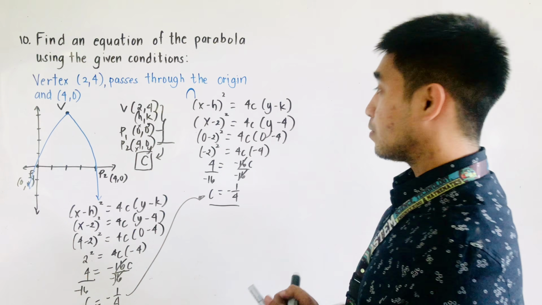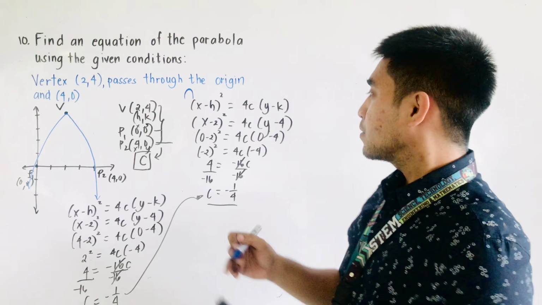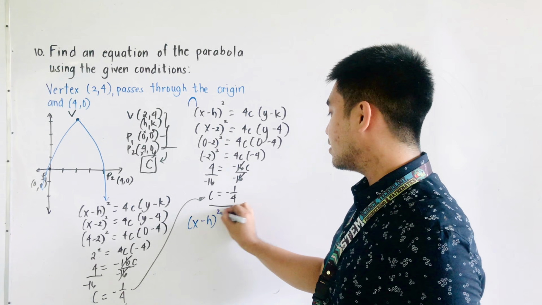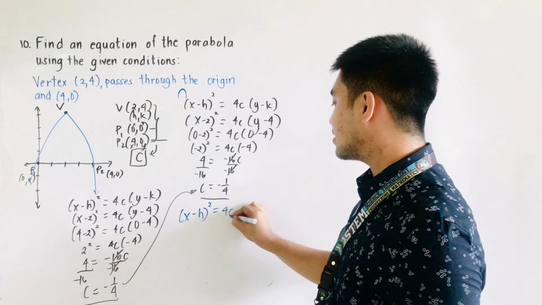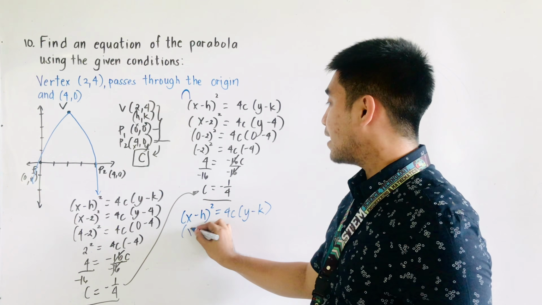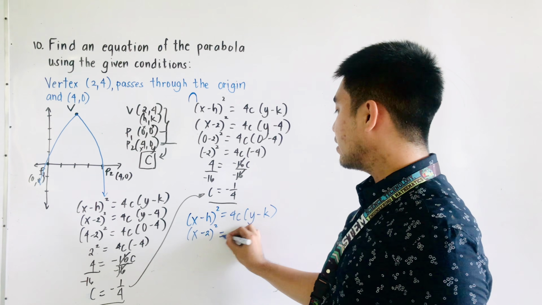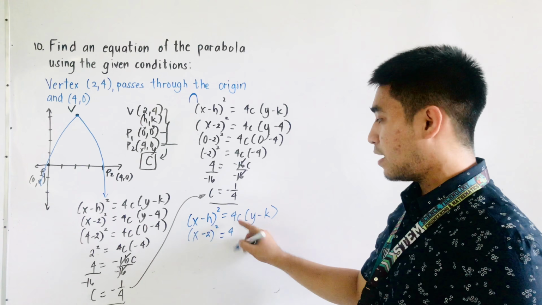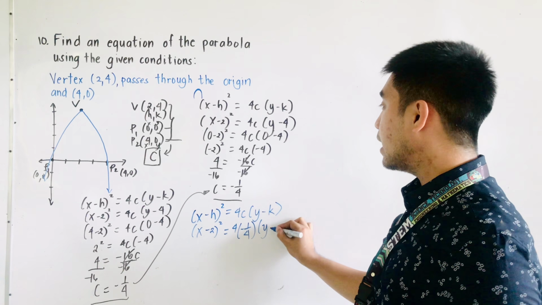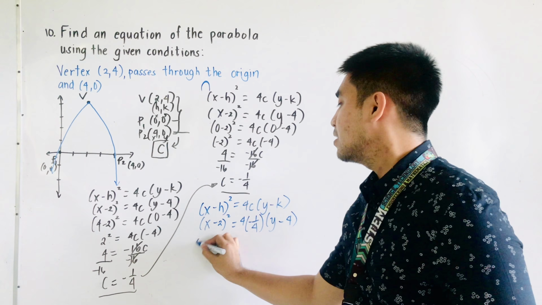So, we're asked to get the standard equation. Our standard equation will become (x minus h) squared is equal to 4c times (y minus k). The value of h is 2, squared, is equal to 4 times c, which is negative 1/4, times (y minus k), where k is 4.